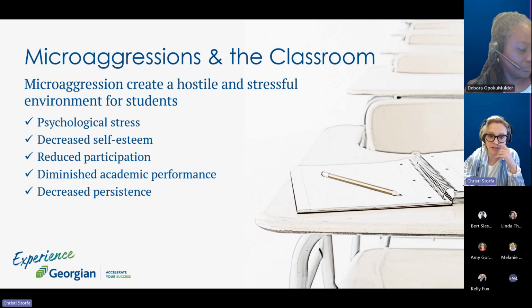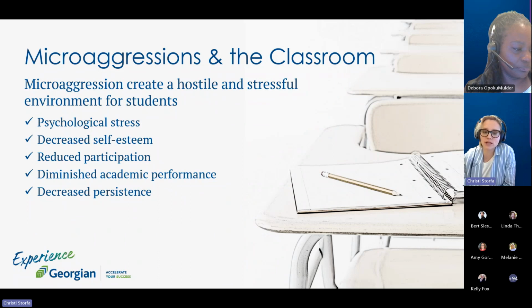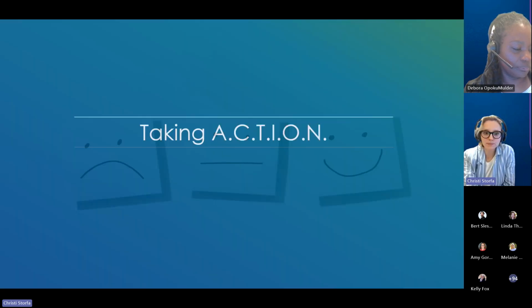It decreases self-esteem for people who are targeted, but it also reduces participation, diminishes academic performance, and decreases students' persistence. So this is the reason why it's so important for good classroom student engagement to address microaggressions, and why you can take preventive measures. We're focusing today on how to manage them when they show up in a classroom setting.